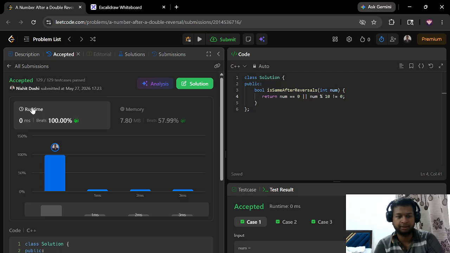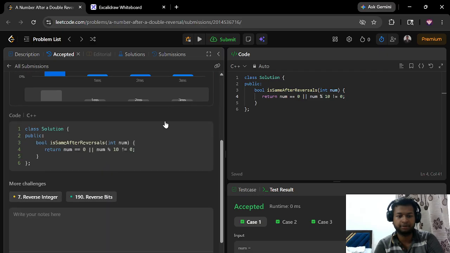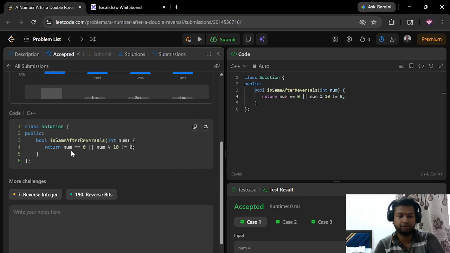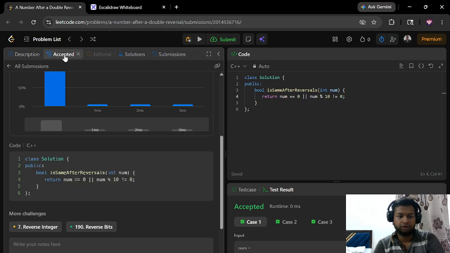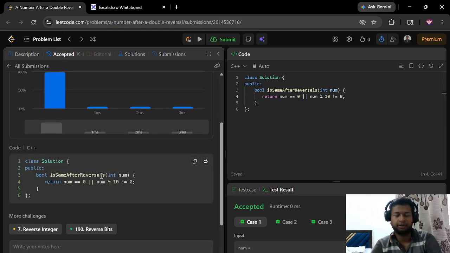It is accepted. Our runtime is 0 milliseconds and beats 100%. As you can see, our time is saved here, and memory is also saved, 7.8 MB, and beats 57.99%. And this was the solution of this question, with an optimized approach, by watching the patterns and learning through it. Thank you.